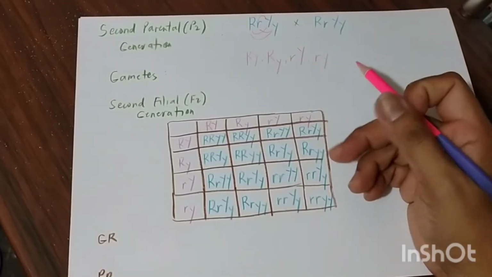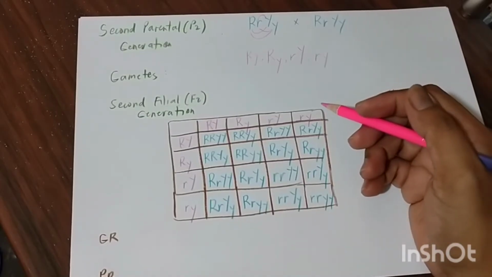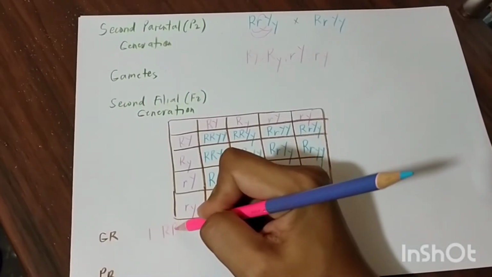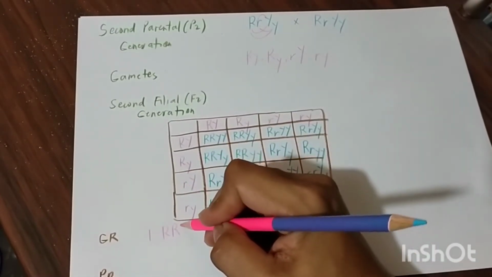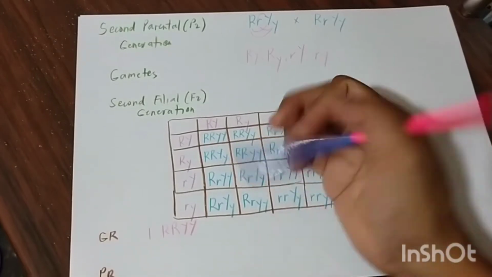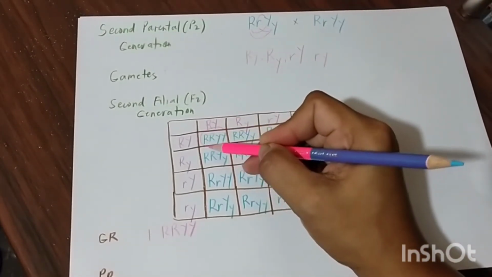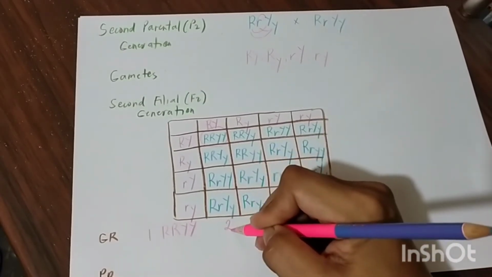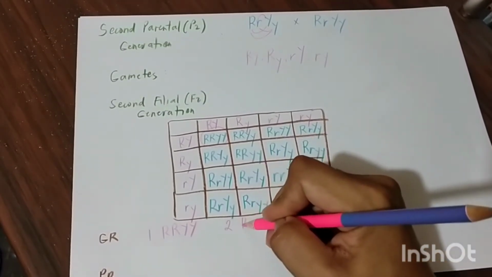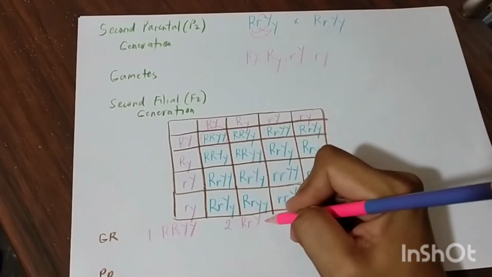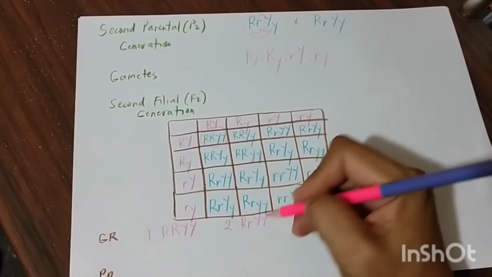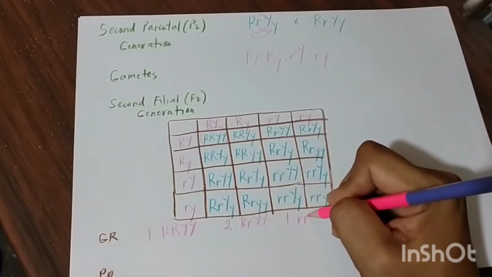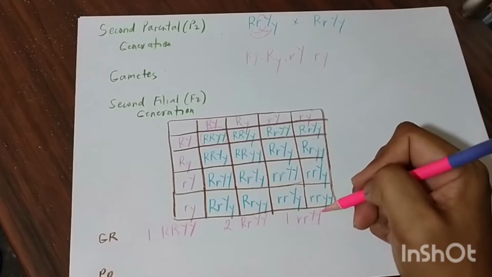So let us interpret. For our genotypic ratio, we have 1 round yellow, this one. Then we have 2 round yellow, 1 wrinkled yellow.